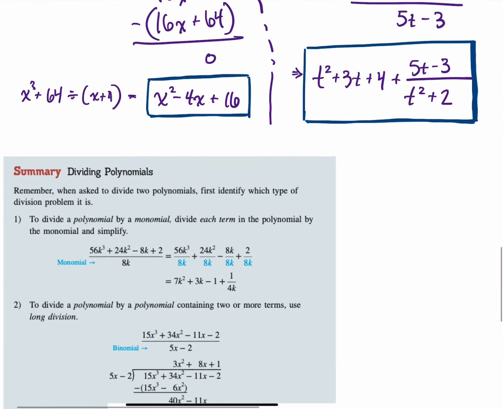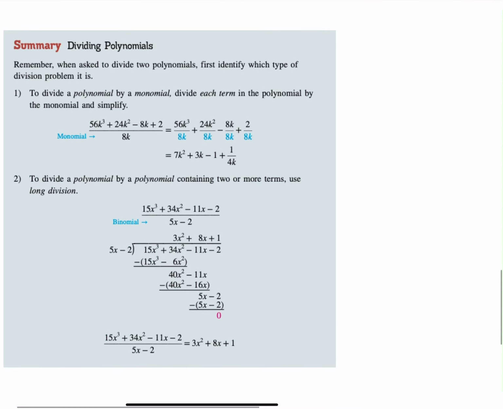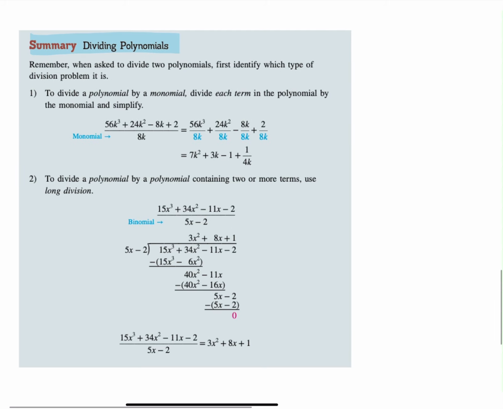Right, I think they give us a summary of dividing polynomials. It says, remember when asked to divide two polynomials, first identify which type of division problem it is. The first one is simpler. If we're dividing a polynomial by a monomial, like what we saw earlier, just split it up into a bunch of fractions.